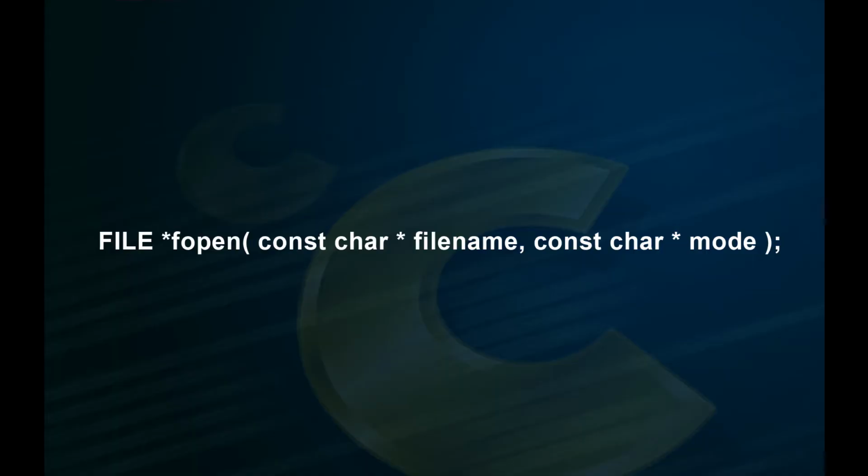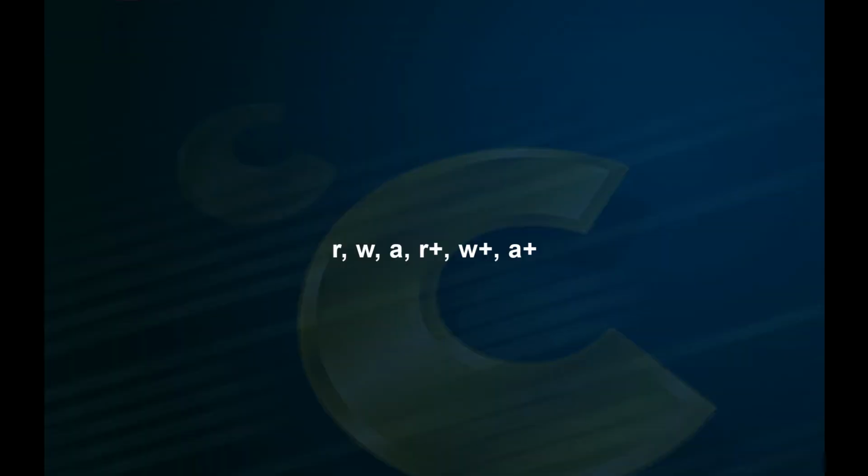For more understanding, let me show the general syntax of the fopen function. FILE *fopen(const char *filename, const char *mode); where filename is a string literal which you will use to name your file, and access mode can have one of the values like r, w, a, r+, w+ and a+.